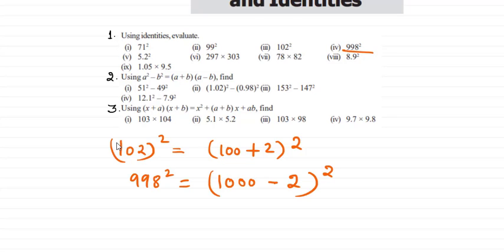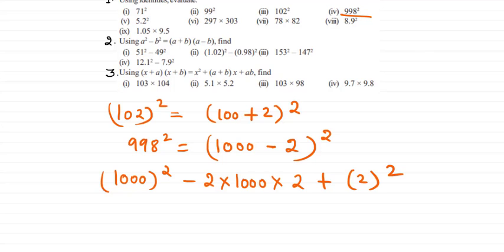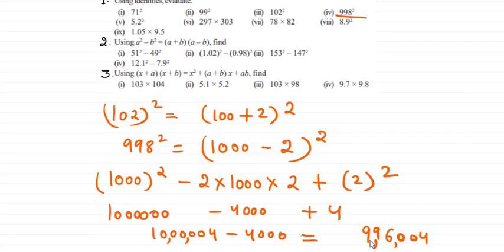It will become easier. I'll solve it for you. Here you do 1000 square, then twice of the first term and the second term, and then plus 2 square. So it will give you 1,000,000 minus 4,000 plus 4, that will be 996,004. So that's the answer for this question.